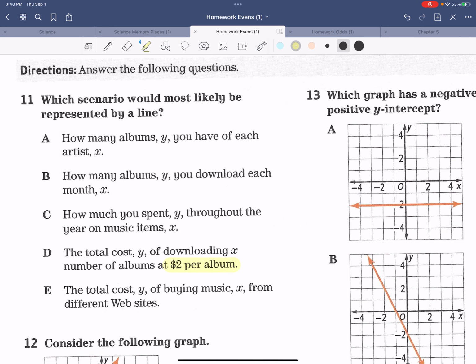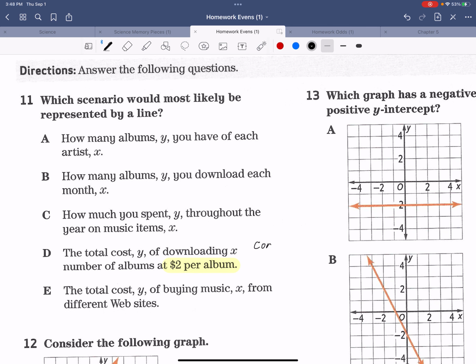This one gives you a constant rate. It defines the constant rate of $2, that's dollars, for one album. And because of that constant rate, this is a linear equation.